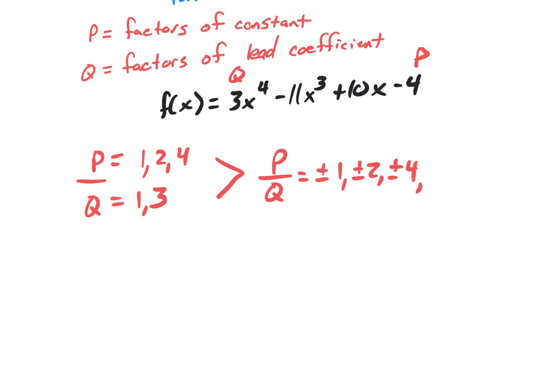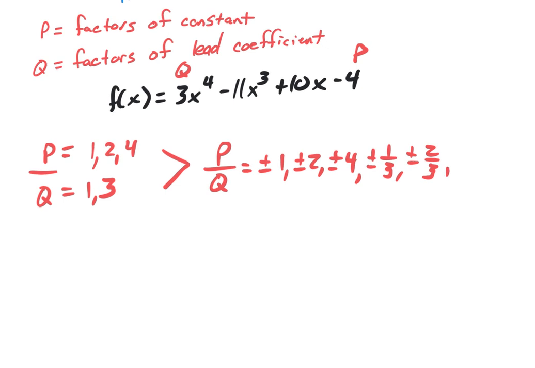And then I'm going to take 1, 2, and 4, and divide it by 3. So 1 divided by 3, 2 divided by 3, or 4 divided by 3.